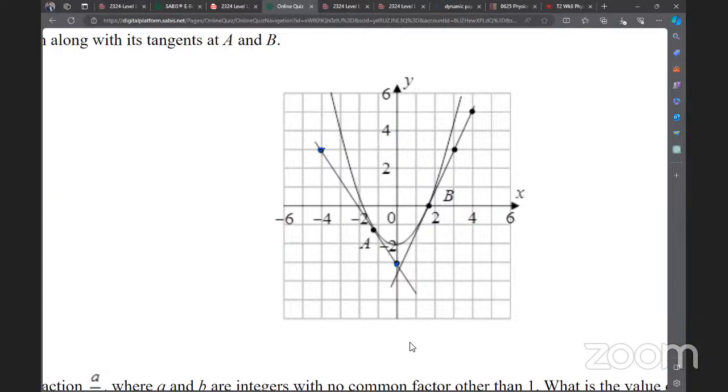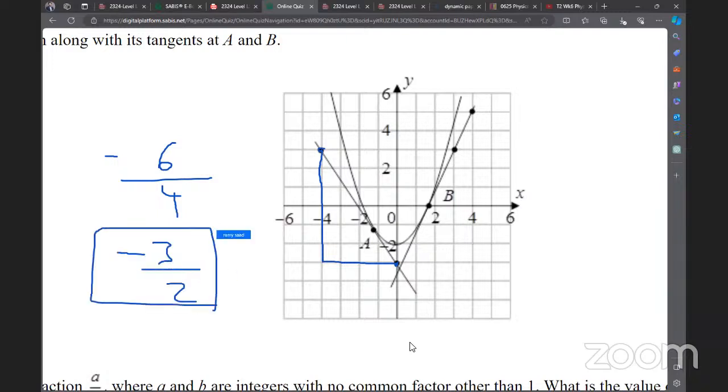Let's first make sure each block is 1. Okay, let's count. 1, 2, 3, 4, 5, 6. Okay, 6 over... and this line is going down, so it will be negative. 6 over what? 1, 2, 3, 4. 6 over 4, we have to simplify it, so it will be negative 3 over 2. That's it.